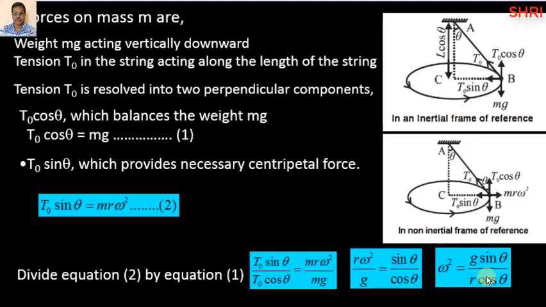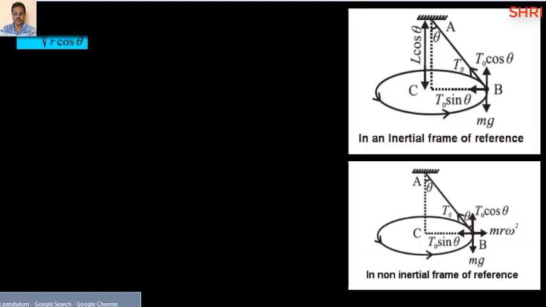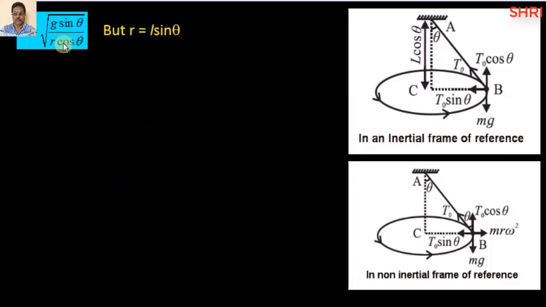From that we have to derive the expression for the period of the conical pendulum. Taking the square root of both sides, we get this equation. Consider the first figure: you will see a right angle triangle ACB, and in that triangle, using trigonometry, sin theta equals the opposite side r upon the hypotenuse L, where L is the length of the string.